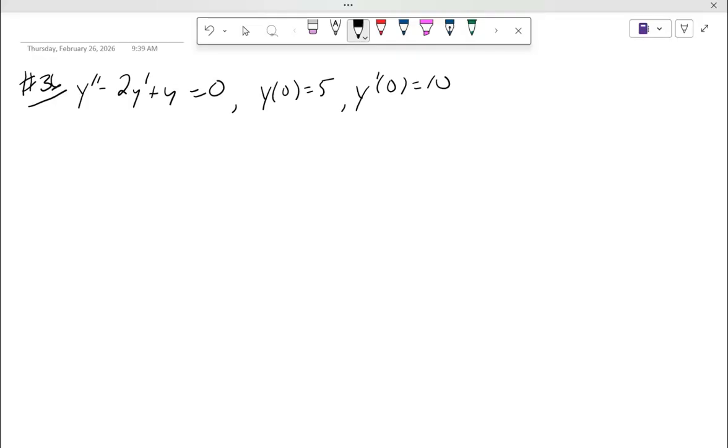We would plug the exact same value into the function, the first derivative, the second derivative, the third derivative, all the way up to the n minus first derivative for an nth order equation. And that's what makes it an IVP versus a BVP, initial value versus boundary value. We'll do a boundary value problem in a minute, but let's go ahead and do this one.